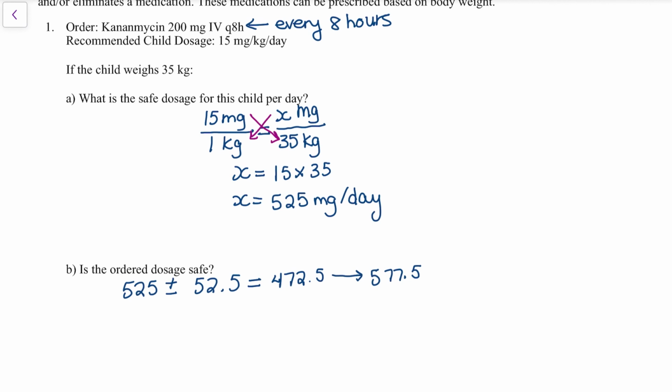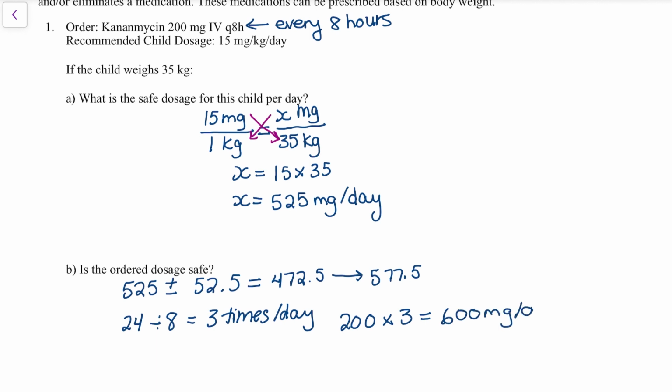So let's look at what the doctor ordered. The doctor ordered every 8 hours. So I'm going to take my 24 hours and divide it by 8, and I get 3 times a day. And they ordered 200 milligrams 3 times a day, which is 600 milligrams per day.